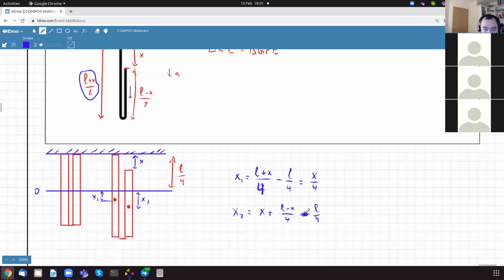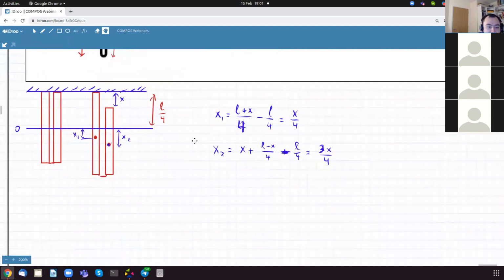It's a bit complicated, but you can prove it for yourself. The center of mass of this rope is going to be 3x over 4. I won't bore you with details of how I got there, but you can prove it for yourself.